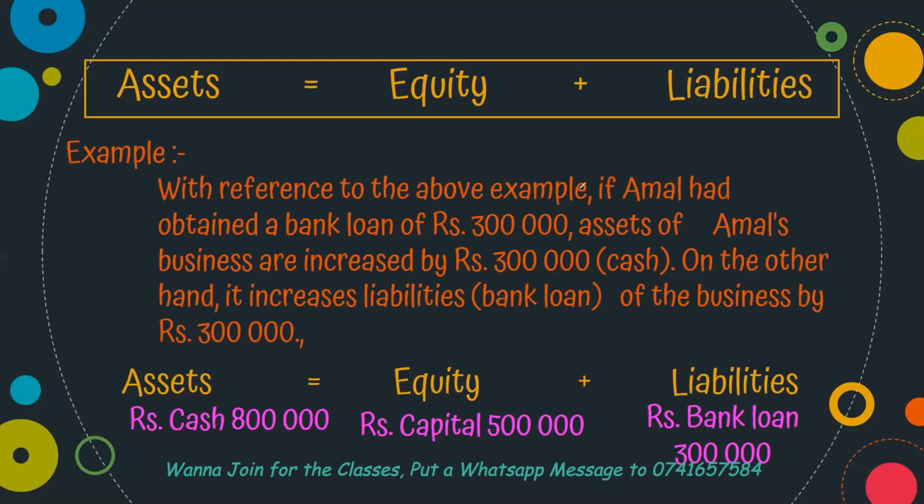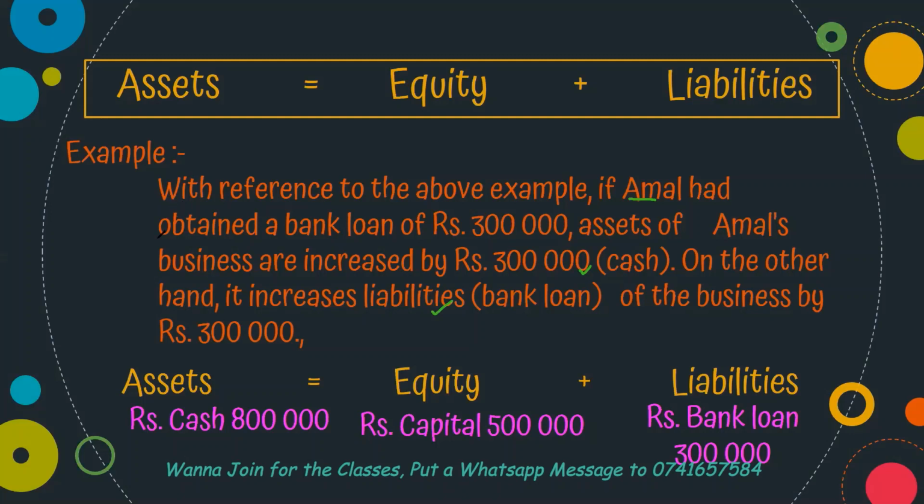With reference to the above example, if Amal had obtained a bank loan of rupees 3,000, assets of Amal's business are increased by 3,000. That means cash will increase, right? So the bank will give us the money. On the other hand, it increases the liabilities. Simple, guys, right?